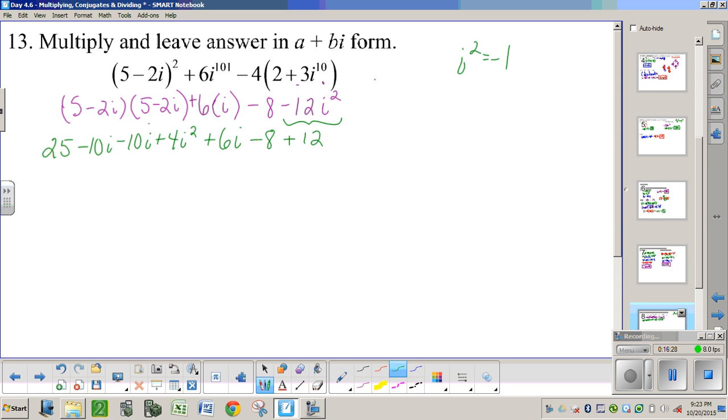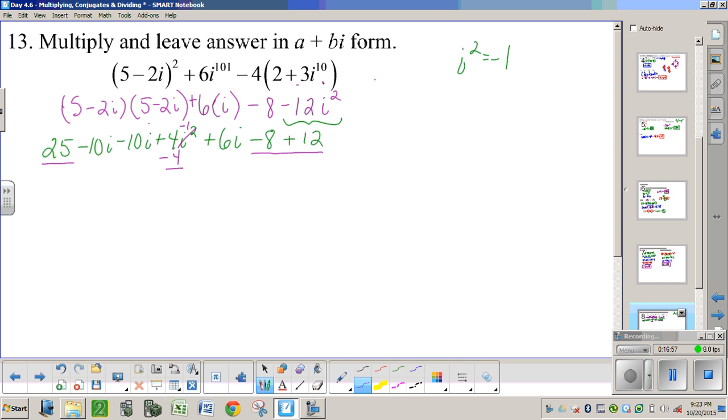Okay, let's clean up some more here. We have another i squared here. So what I'm going to do first, before I take care of that i squared, I have a 25 here. I have a negative 8 and a positive 12 over there. Now, if I take care of this i squared, remember this is equal to negative 1. And since that's equal to negative 1, that's really negative 4.